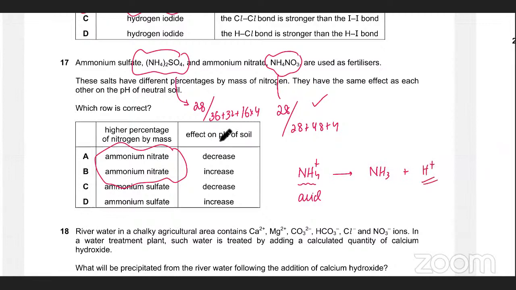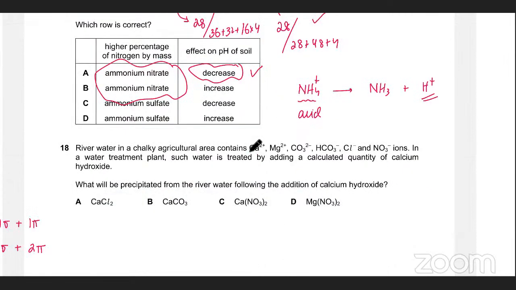So it's going to increase the quantity of H plus ions present in your solution, so it's going to become more acidic. So the pH of the soil is going to decrease. You can check the first one yourself, but remember, ammonium ions are acidic. They release H plus ions, which is why the pH of the soil is going to decrease.